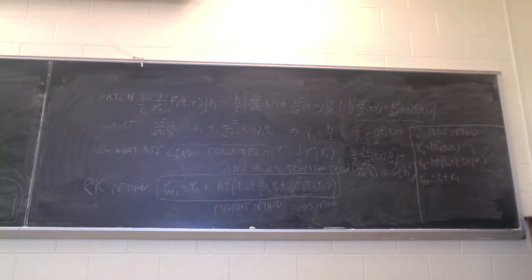If you were to say a three-stage, you'd have three variables and three evaluations of f. So each stage is an evaluation of f. So would it be t n plus h squared over 6? Wait, for the three-stage? Not necessarily. I'm actually not going to show you a three-stage one here, but we'll see a four-stage one in a bit.